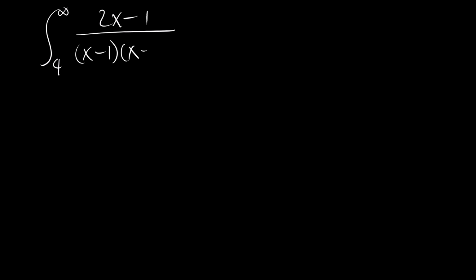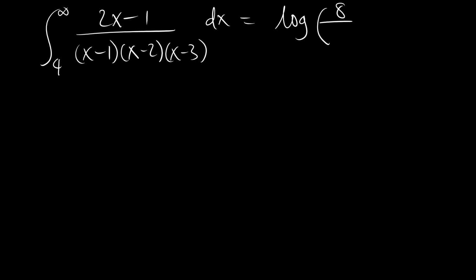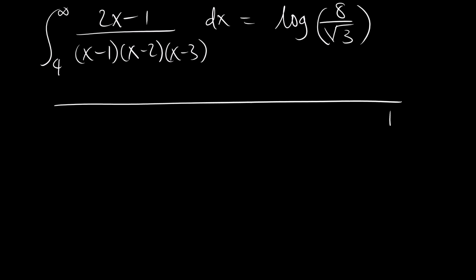So in other words, the integral from 4 to infinity of (2x minus 1) over (x minus 1)(x minus 2)(x minus 3) is the same as the natural logarithm of 8 over root 3. That's the answer.